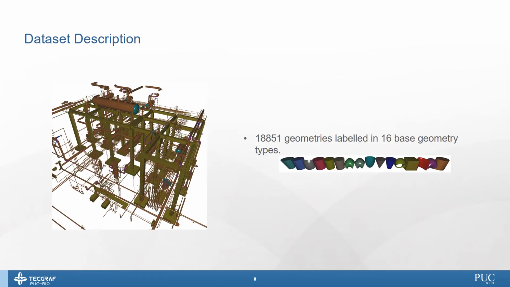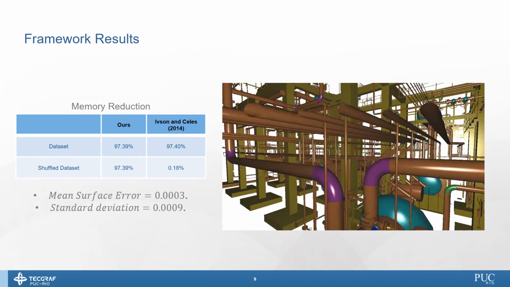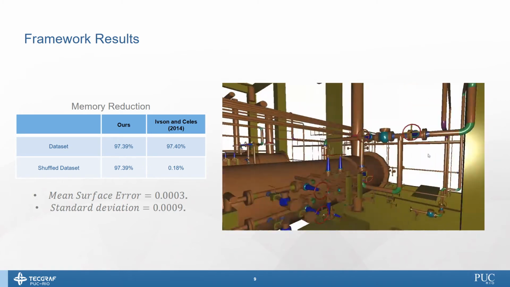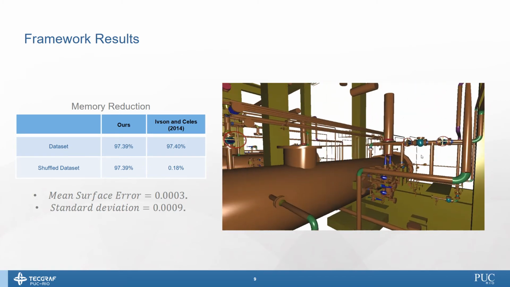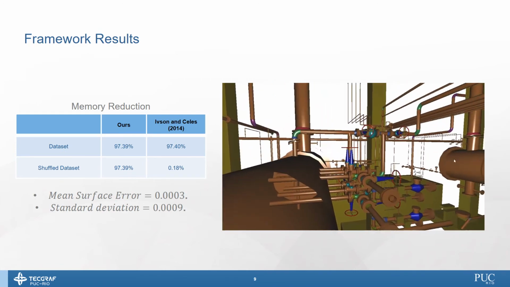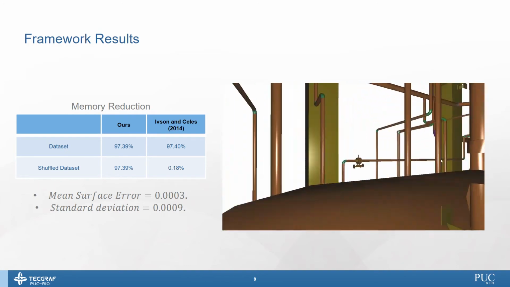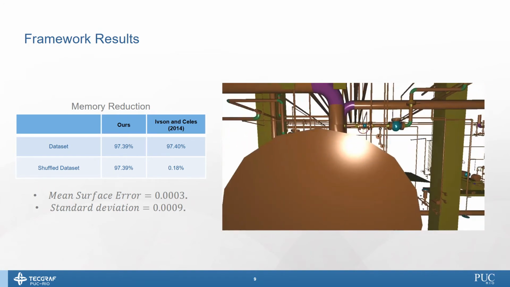To evaluate the proposed framework, we used a CAD model composed of 1800 geometries labeled in 16 base geometry types. The final optimized model has a good quality, having a small mean surface error and standard deviation. When comparing the memory reduction with the work of Ibsen and Sed, we were able to obtain a very close result to theirs.